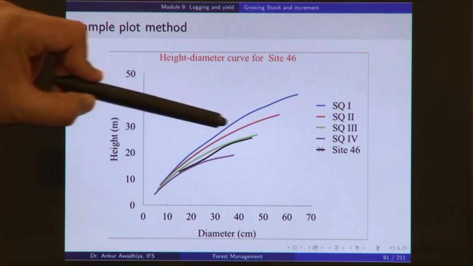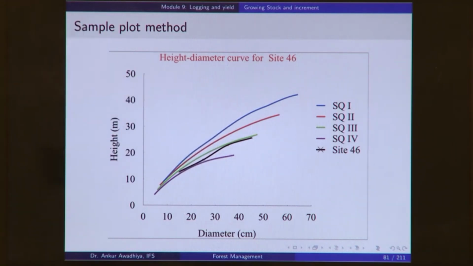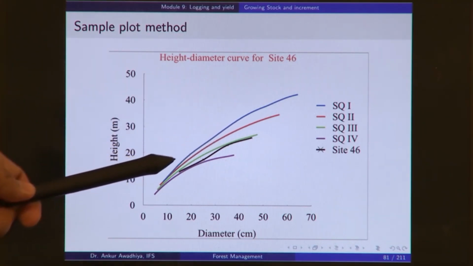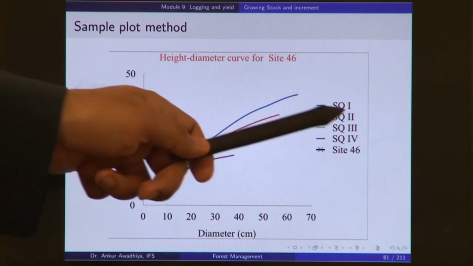So, you plot this and you also plot the site qualities that the diameter and height data of different site qualities that you get from the yield table. Now, if we look at this curve, we can very easily see that this black line is close to the green one. Green one is site quality 3.